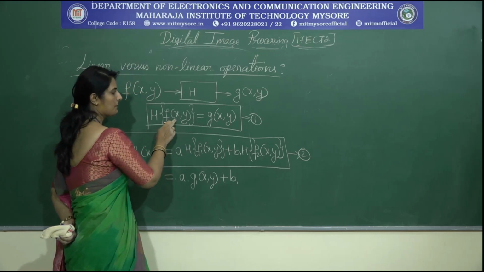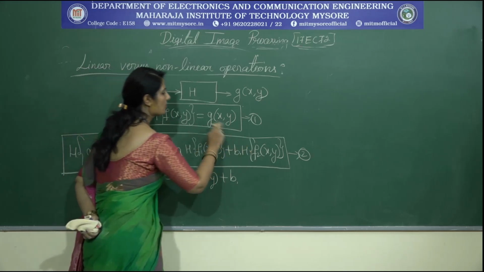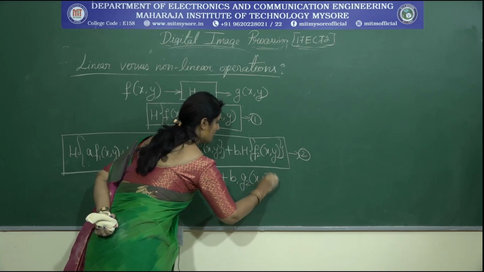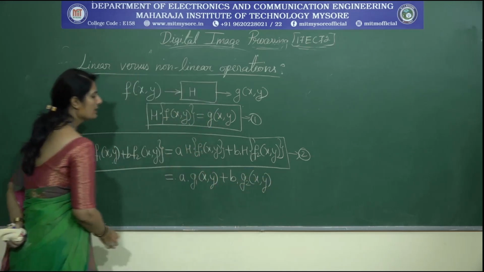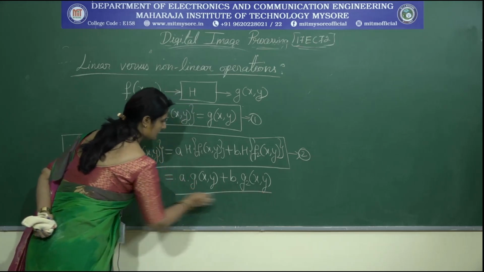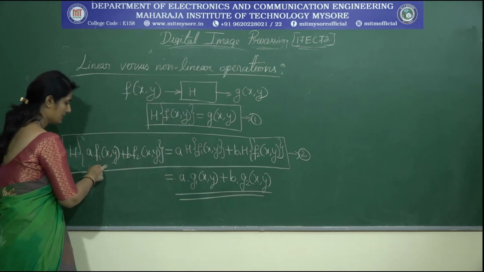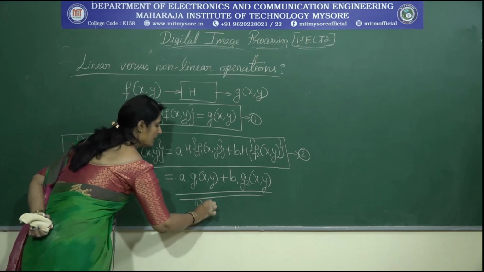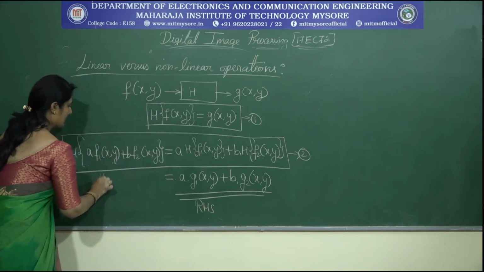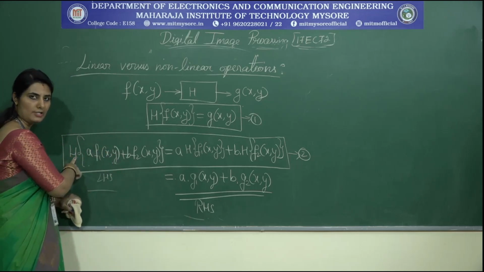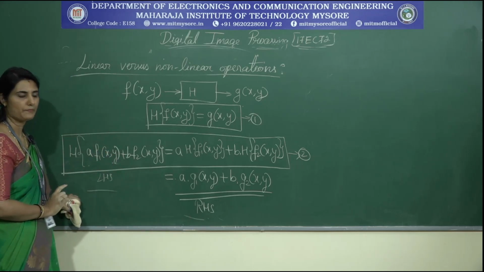So compared to equation number 1, this should result in the output g2 of x comma y. So if this RHS is the same as the LHS, then we say that this operator H is a linear operator.